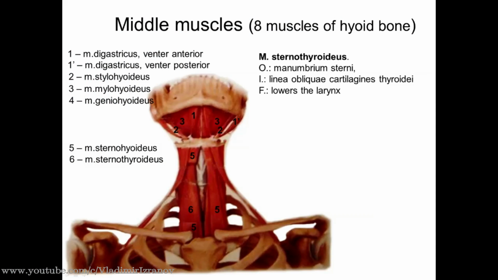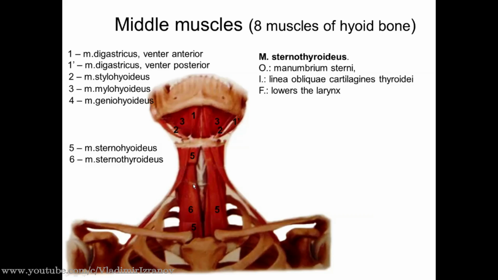Main points. Origo, manubrium sterni. You can see in our picture, here it is, manubrium sterni. Insertio, linea obliqua cartilaginis thyroideae. This is cartilago thyroidea, the main cartilage of the larynx, and to it the muscle is inserted.